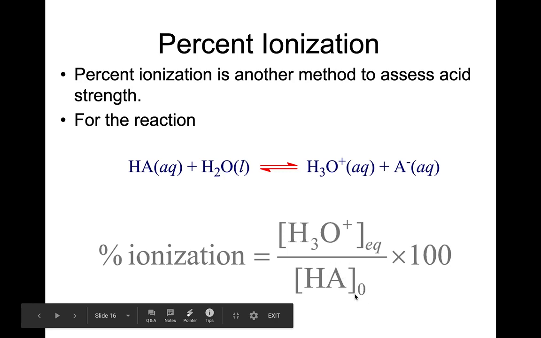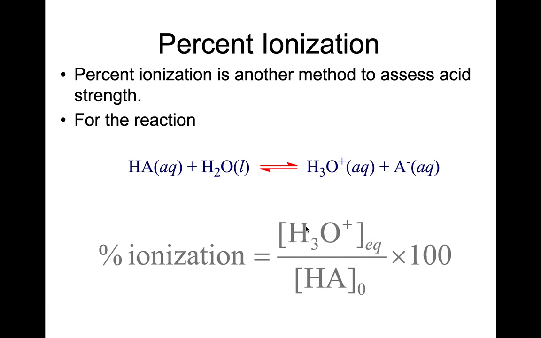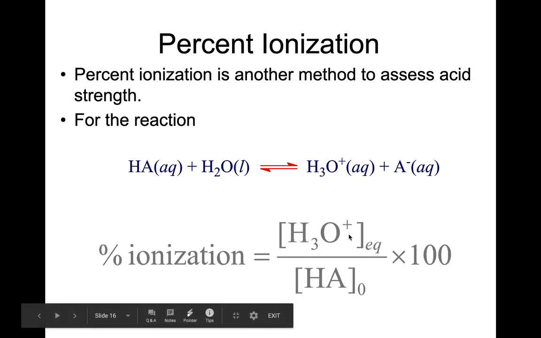That's what the 0 down here means, initial. And then times 100 to make it a percent. So if we added some amount of compound, whatever amount dissociates and creates a hydronium or hydrogen ion can be used in the numerator here and divided by that initial amount to tell us what percent of this initial amount broke apart.